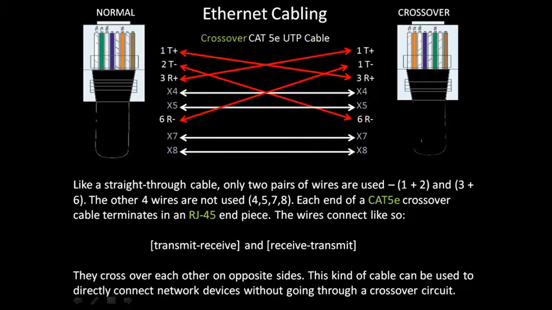Each end of a Category 5E crossover cable terminates in an RJ45 end piece, just like a straight cable. The wires connect like so, transmit to receive and receive to transmit. They cross over each other on opposite sides. This kind of cable can be used to directly connect network devices without going through a crossover circuit, because essentially it is a crossover circuit.